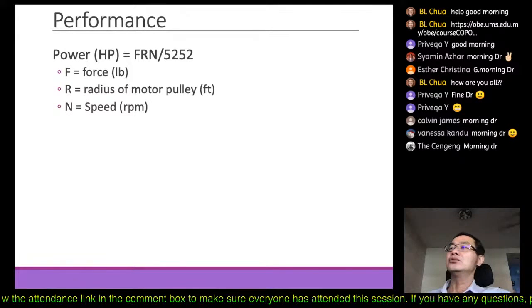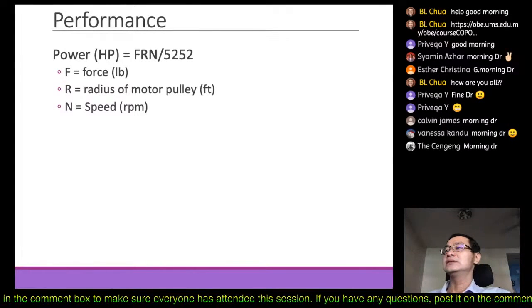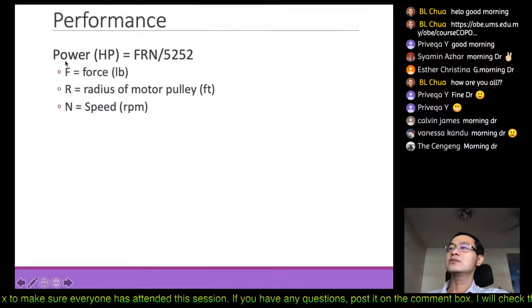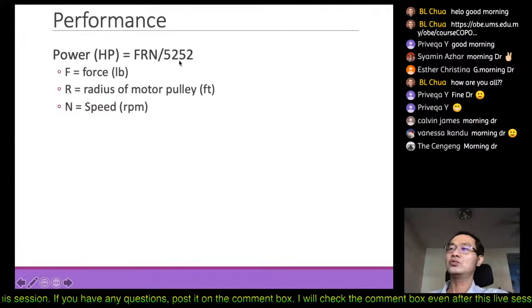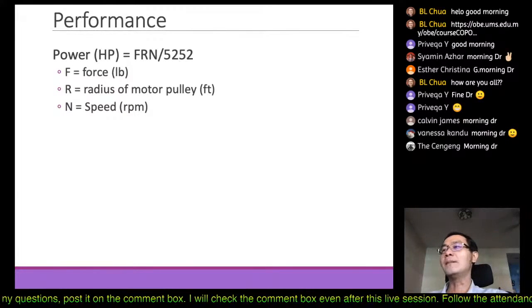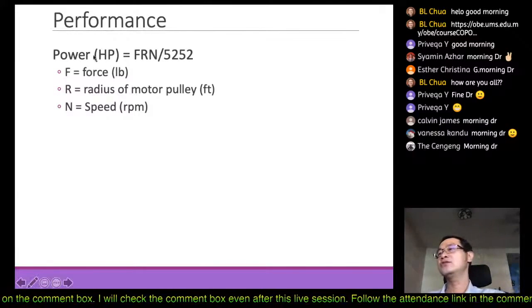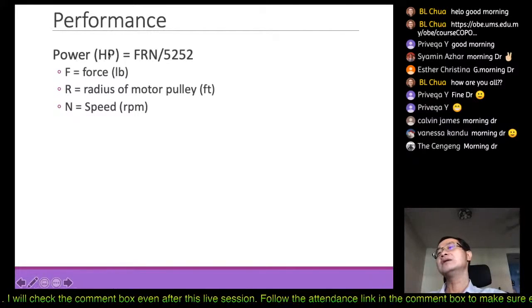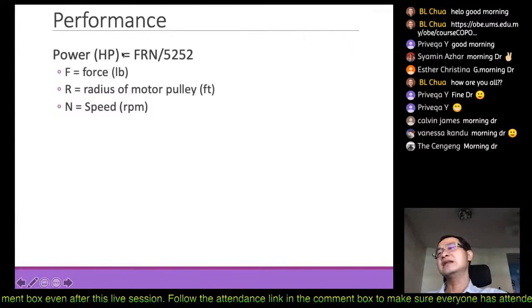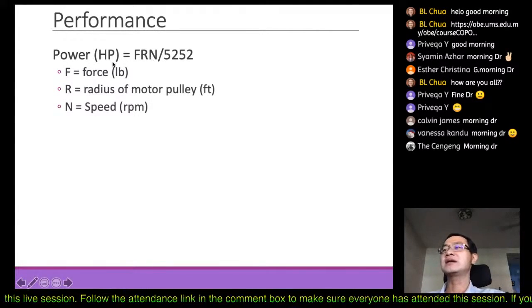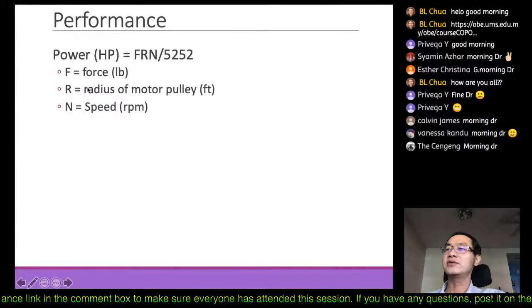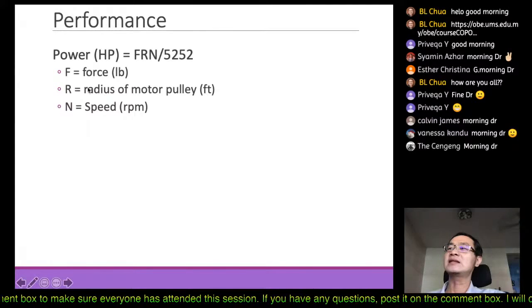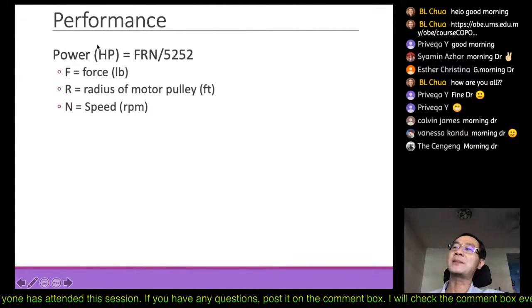Now come to this. Again, if we try to combine the previous equations, then we will notice that the power in the unit of horsepower, HP, can equal the force, the radius, which we have got previously, multiplied by the speed, to get the power.